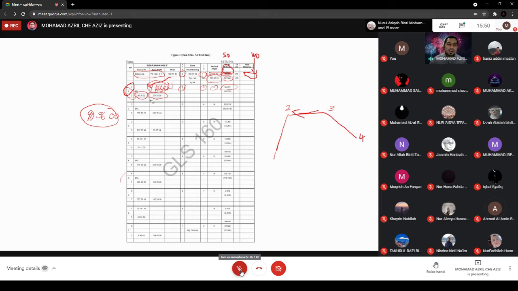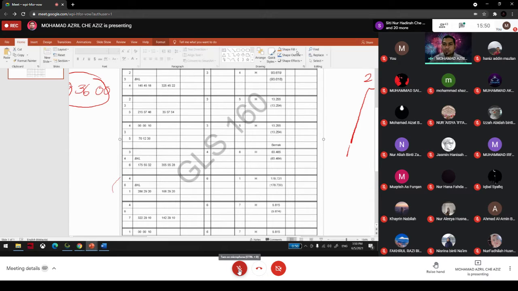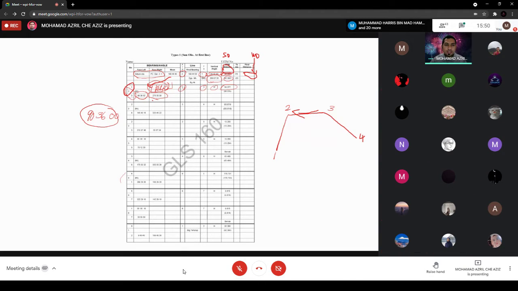Okay, so now you already have a mean bearing. Then what you need to do? You need to cross the degree here. What do you need to cross?